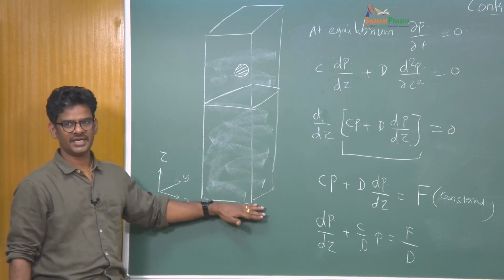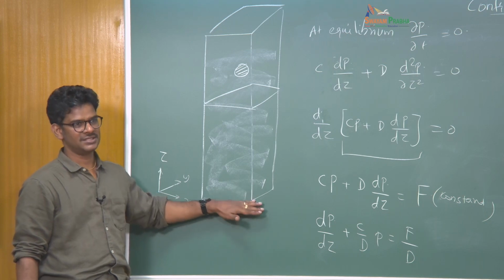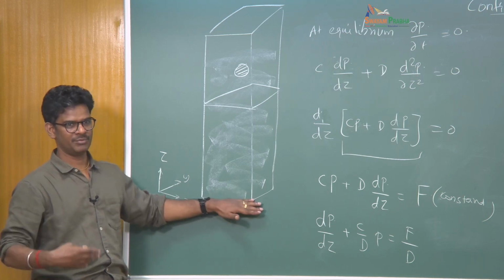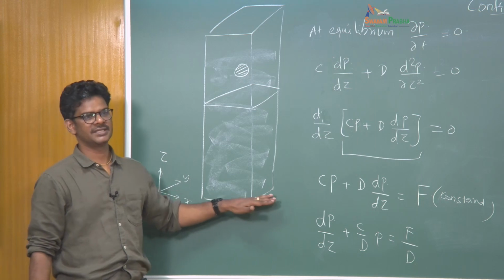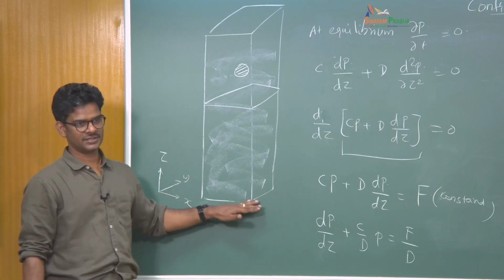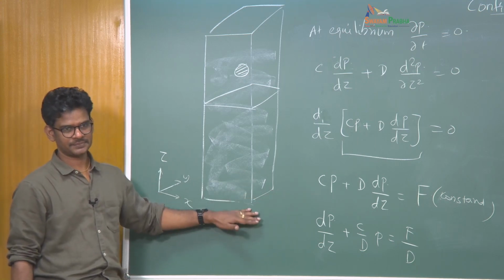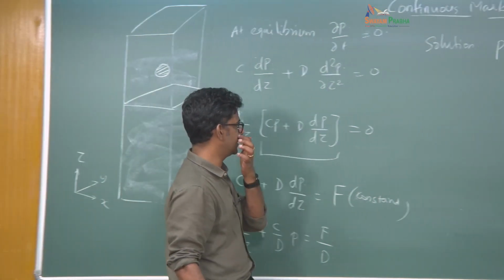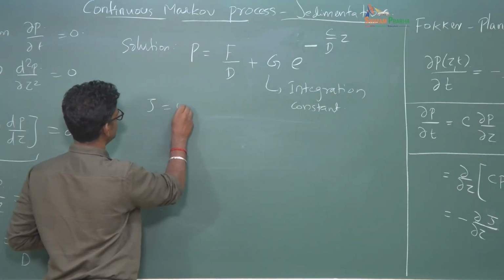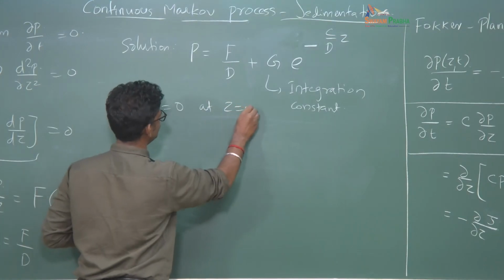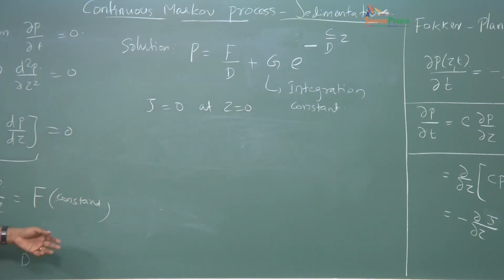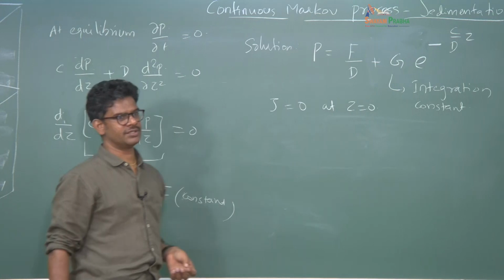We are imposing that the boundary is reflecting and the mass flux here is going to be 0. So we say that J is equal to 0 at z equal to 0. I am invoking this boundary condition so I can get one of these integration constants.